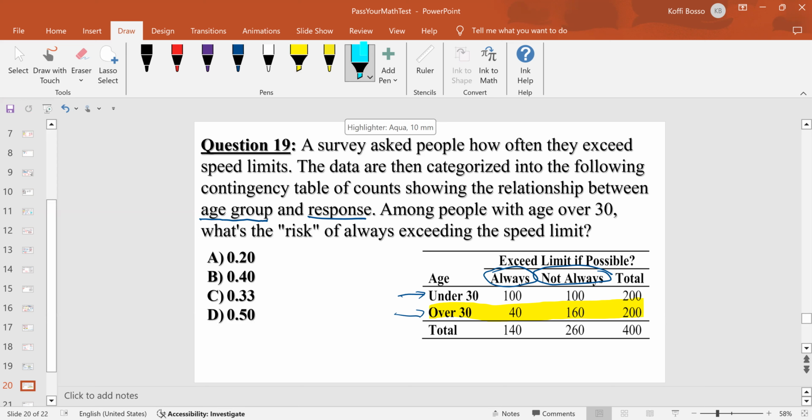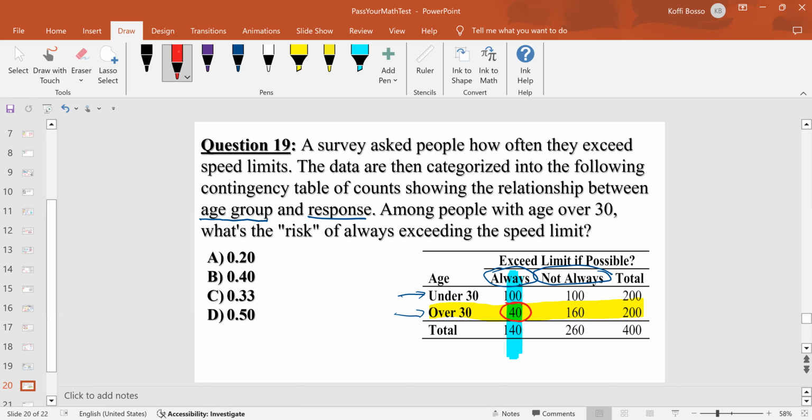Always. So in the always column, we have this. You see that there is an intersection value here: 40.